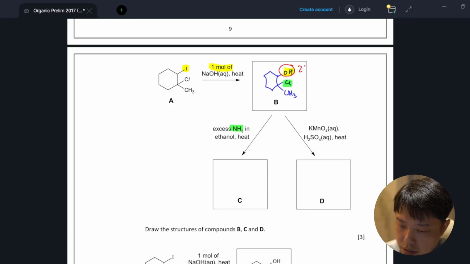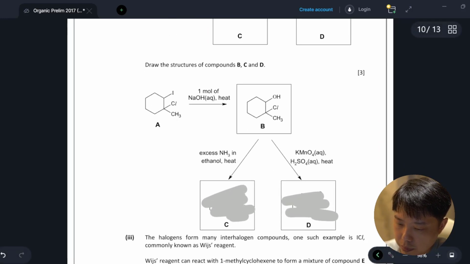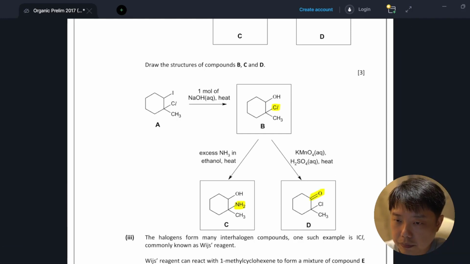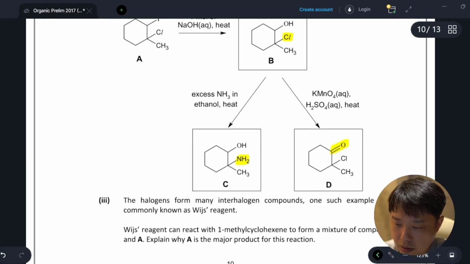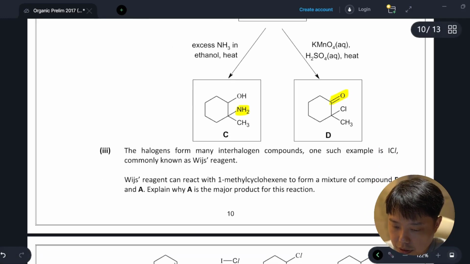Okay, so this thing here is a secondary alcohol. This here is an RX. Okay, so your compound will be your amine, which you substitute your Cl with, and then oxidation of secondary alcohol. Okay, so that's your B, C, and D. Pretty straightforward question. This question, I believe, was modified from a past year ten-year series question.